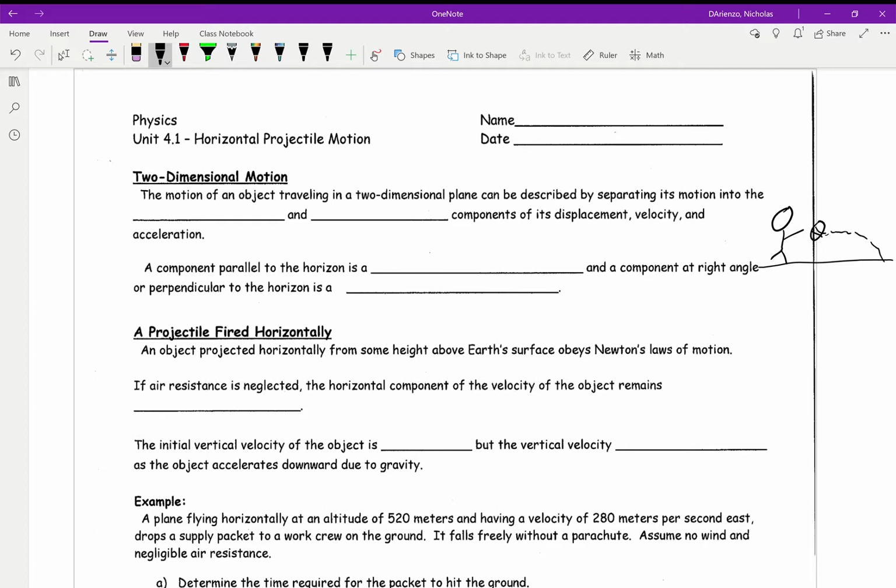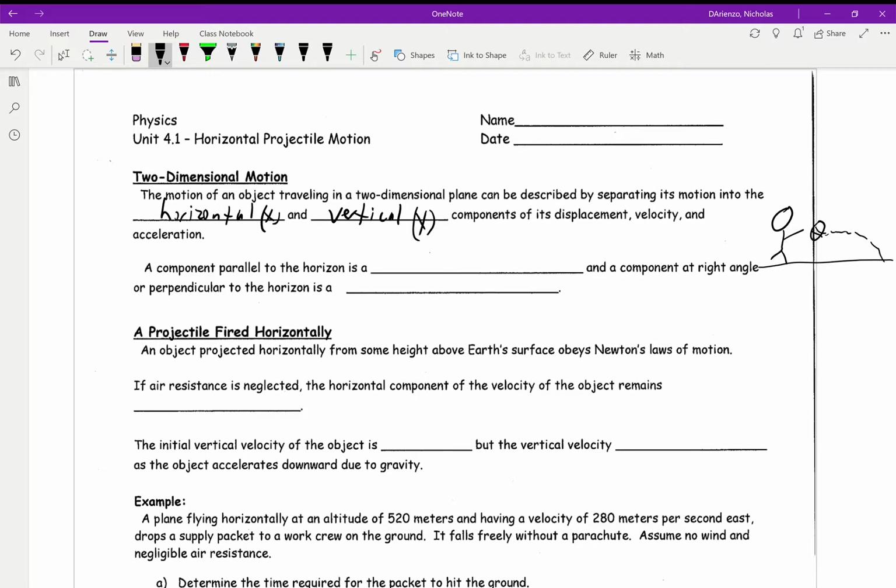So the motion of an object traveling in a two-dimensional plane can be described by separating its motion into two components: the horizontal component, which would be our x-axis, and the vertical component, which is going to fall on our y-axis.